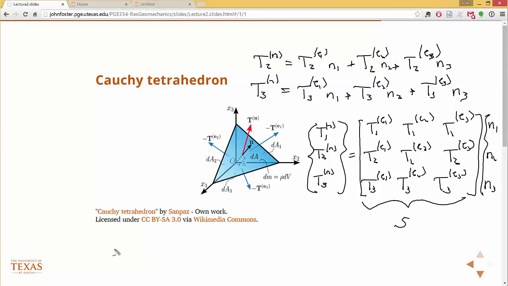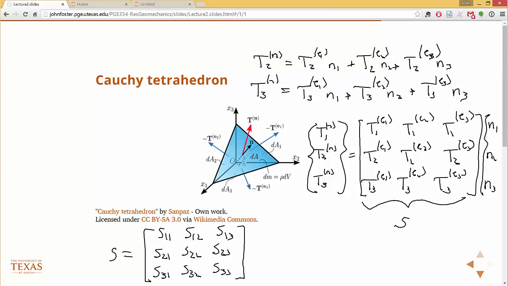So in other words, we'll have that S is equal to S11, S12, S13, S21, S22, S23, S31, S32, S33. And what those indices actually have meaning, we can see that on the next slide.